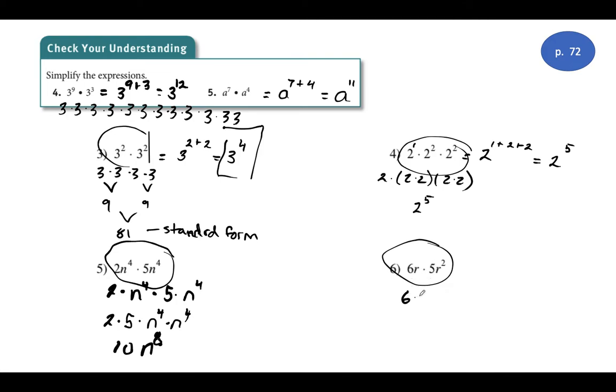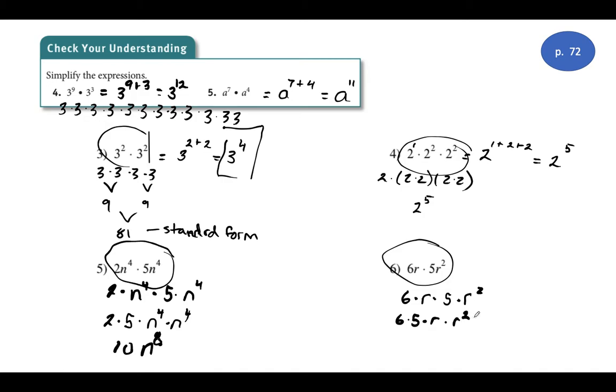Again, this is 6 times r times 5 times r squared. These are just 4 factors. This 6 does not belong to the r. It's just a factor of 6 that happens to be next to this r. And I can rearrange them because the commutative property of multiplication says that I can.